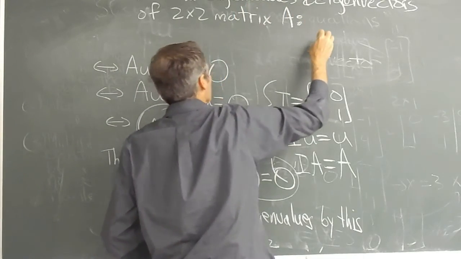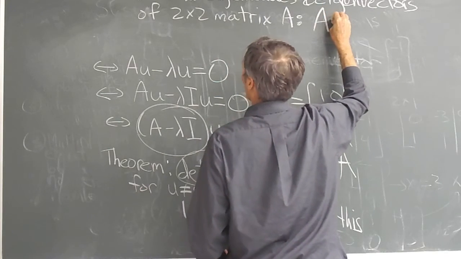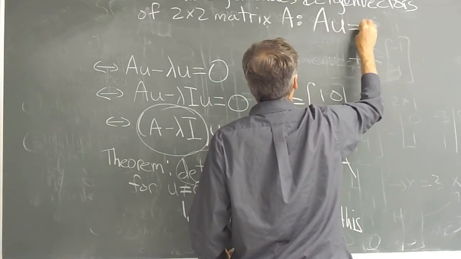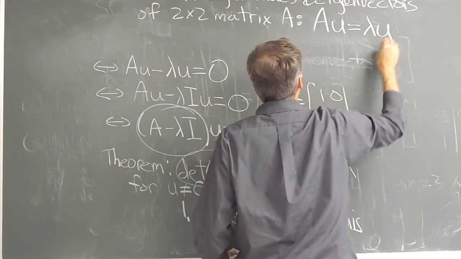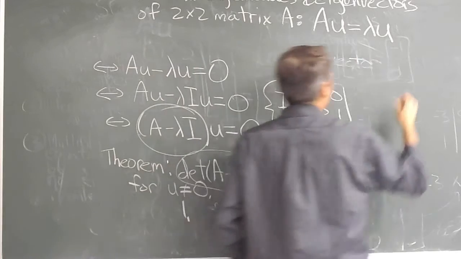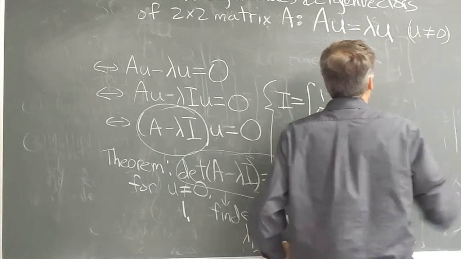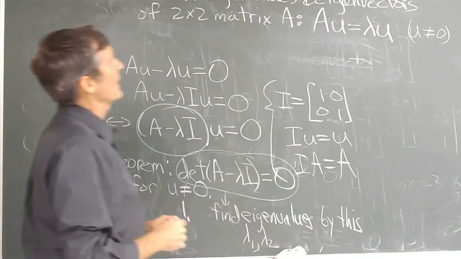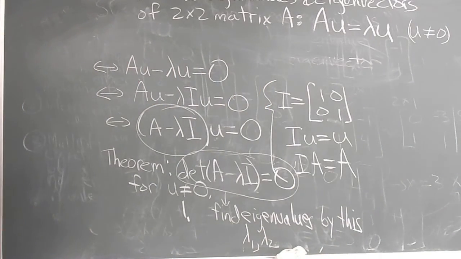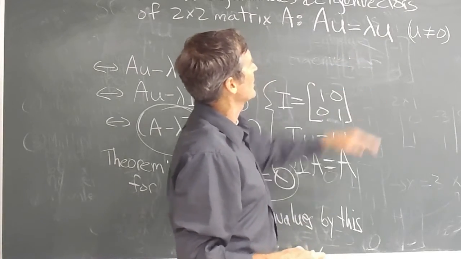And remember we said that lambda is called an eigenvalue and u is called a corresponding eigenvector if Au equals lambda u, satisfies this equation for u not equal to 0. Any non-zero vector that satisfies that equation for some number lambda is called an eigenvector. The corresponding number that goes here is called an eigenvalue.